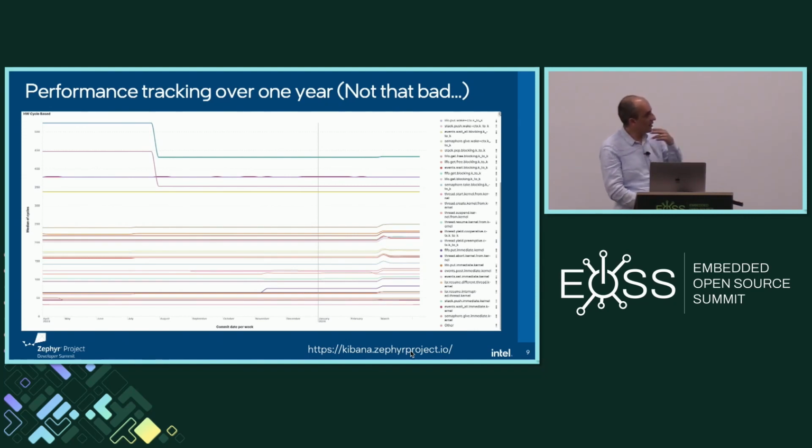Obviously, you need to understand what that is. We have a test or a benchmark in the Zephyr tree called latency measure, which goes and tests key metrics like context switching, semaphore taking and giving, mutex, heap memory allocation, and so on and so on.